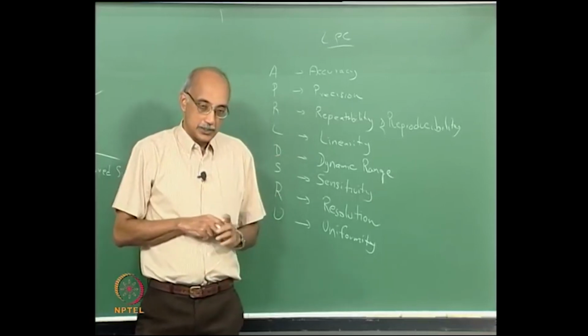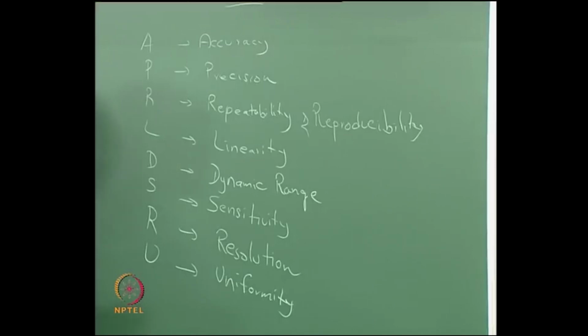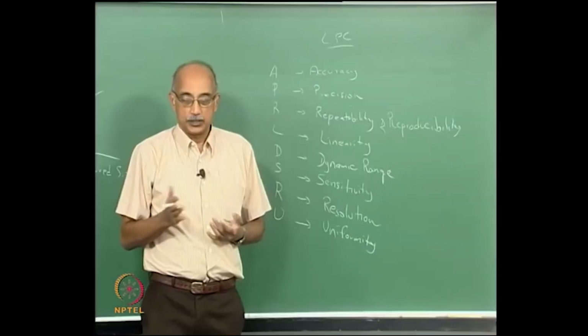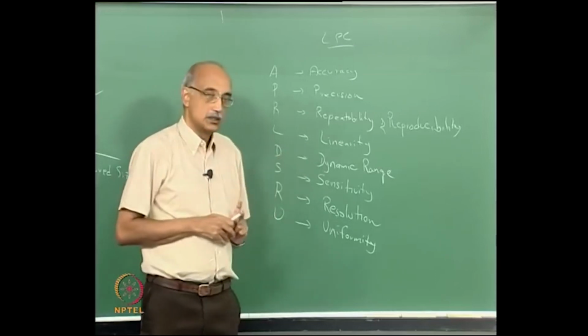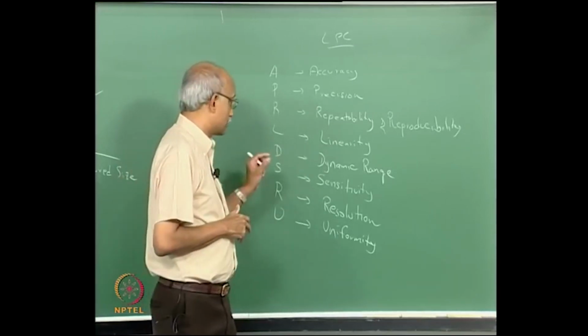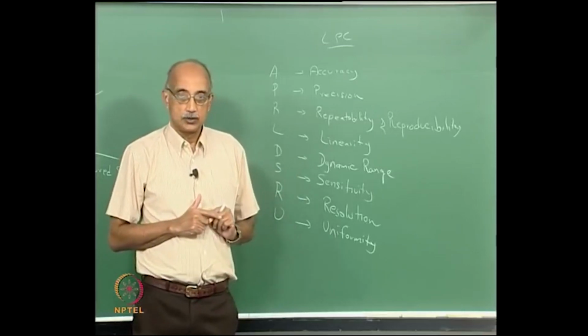Linearity basically refers to how these three values, the accuracy, precision and repeatability / reproducibility, vary with the range of measurements that you are doing.